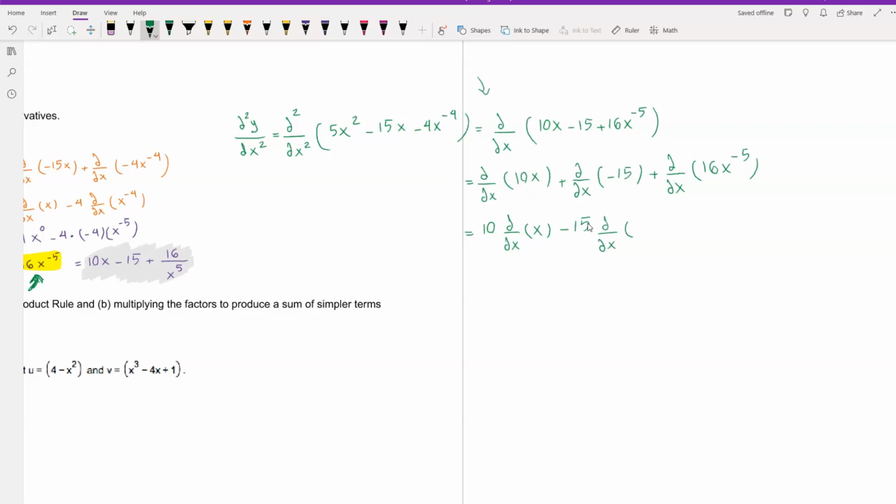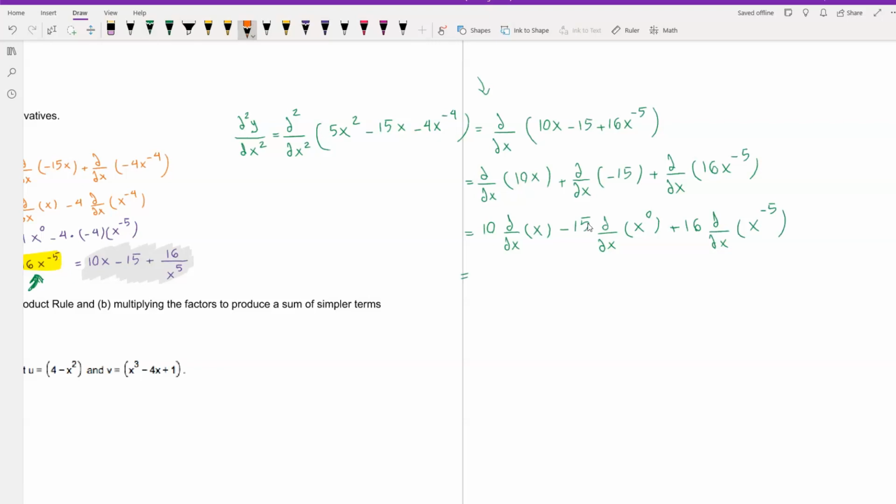Derivative of what we have here is x, power 0. But we don't need to write that way. But I'm writing that way because I'm writing all steps. So plus 16 times derivative of x, power negative 5.